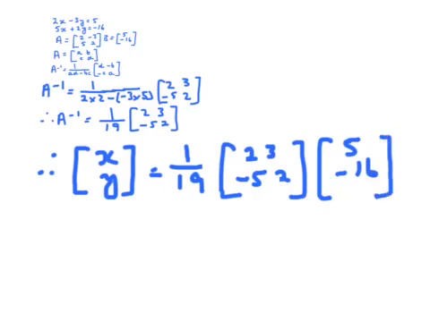Now this 1 over 19, which we call a scalar, we're going to leave it out there. It's not going to be terribly convenient to multiply everything in here by 1/19th, is it? So we can just multiply that matrix by that matrix, and leave the 1/19th where it is for the moment.